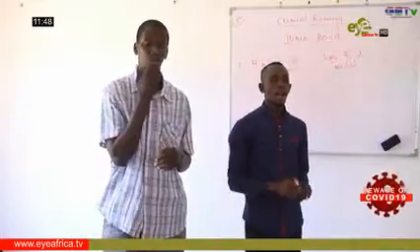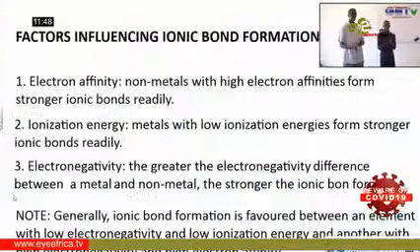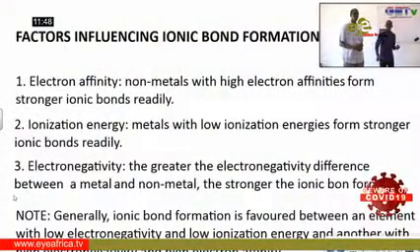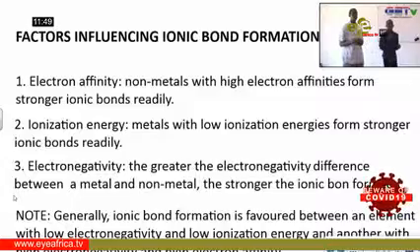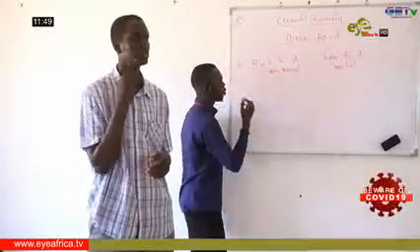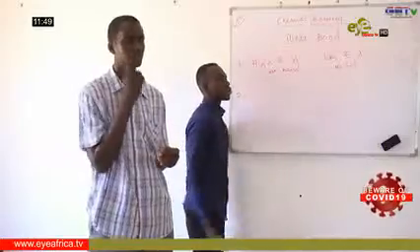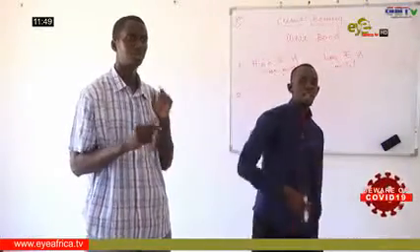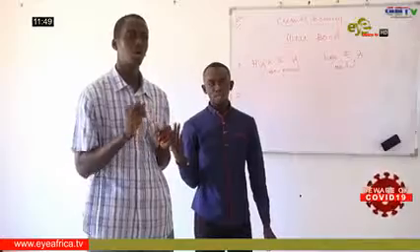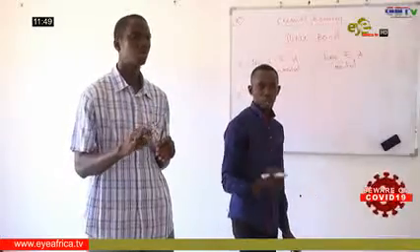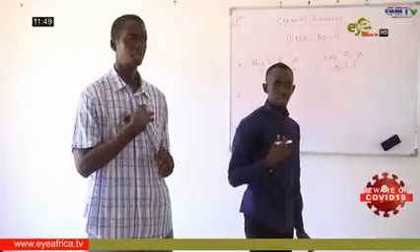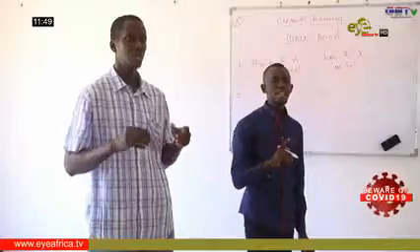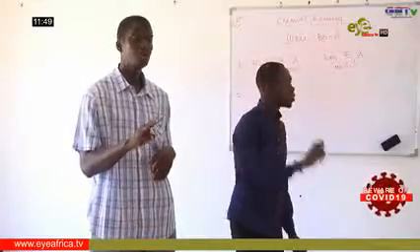Now 2, ionization energy. And here ionization energy simply means what? The removal of electrons. That is the energy needed to remove 1 mole of electrons. Now metals tend to lose their electrons, which means metals have low ionization energies, while non-metals always want to receive electrons. So it needs great energy to remove electrons from non-metals.